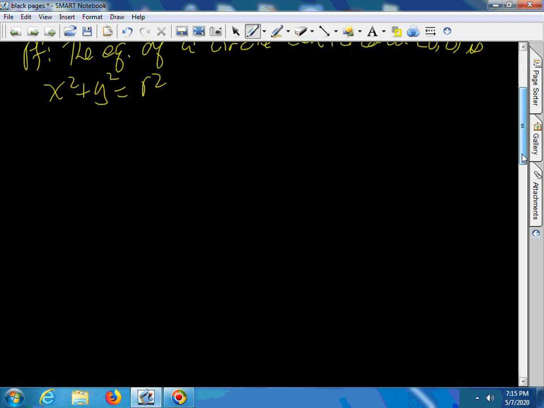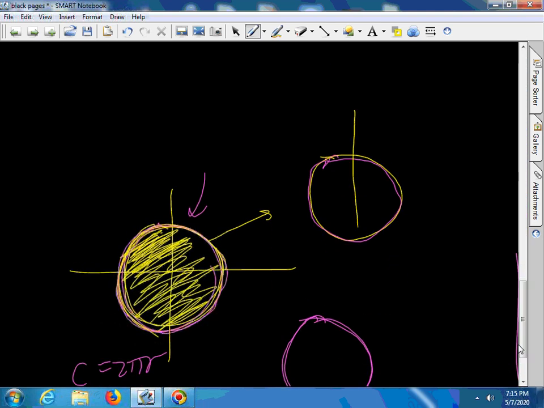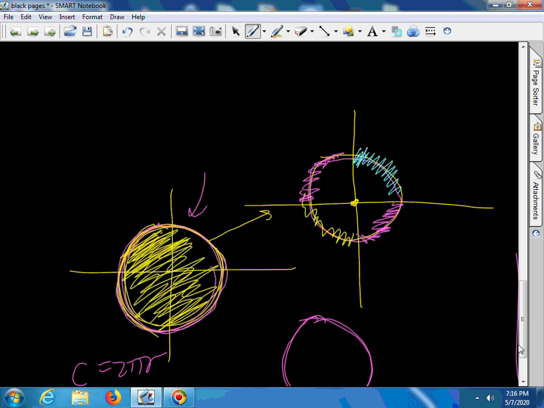Now, another thing I want to point out is if I draw my axes, and that's the dead center of the circle, since the circle is symmetric, this arc length is going to be the same as this arc length, which is the same as that arc length, which is the same as this arc length. So, if I just find the arc length in the first quadrant and multiply it by 4, I will be done.